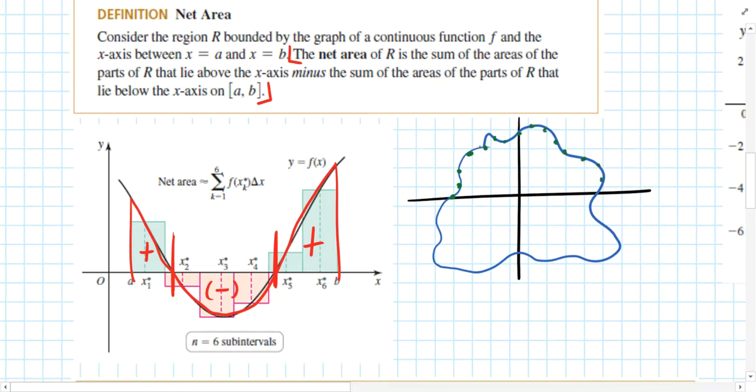Looking top down, we would likely do this in two parts. We would create a function that describes this lake edge, and we can integrate that area using our definite integral process, and that would account for the area associated with that portion of the lake.